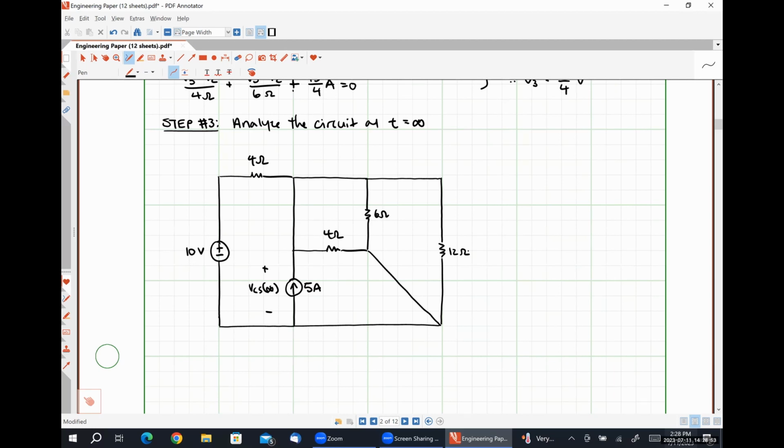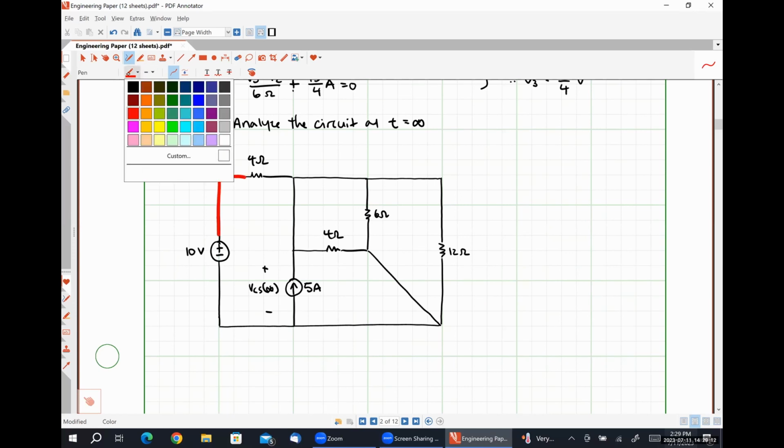So once again, I am going to use nodal analysis here, just because I'm trying to find a voltage and this circuit looks complicated enough to justify it. So identifying my nodes. Here's one.